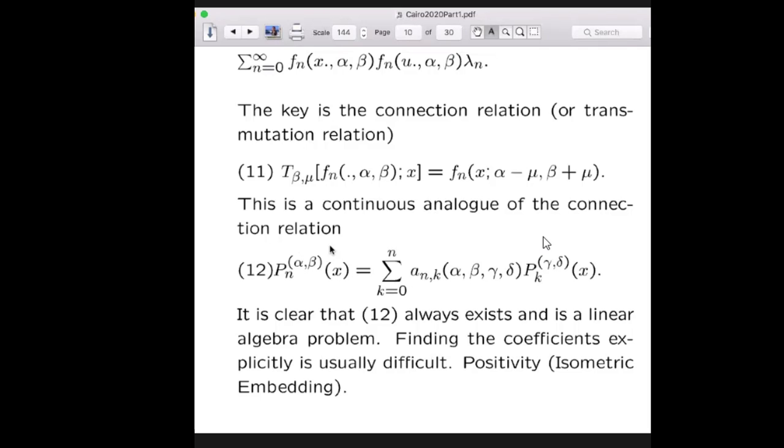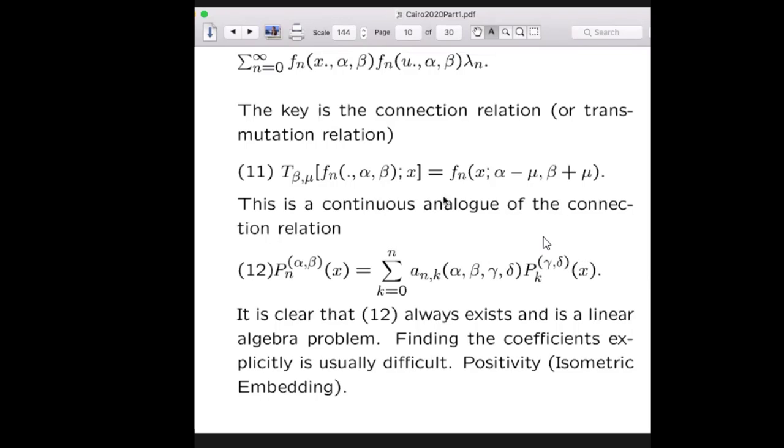You see, the Jacobi polynomial is a polynomial that depends on the degree and on two parameters, alpha and beta. Okay, but the point is the leading term is x to the n. So once I have this, I can expand this in terms of the same polynomials with different parameters. It's a basis for the space of polynomials.